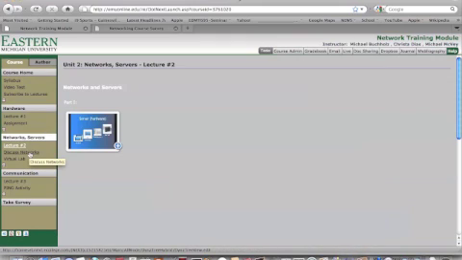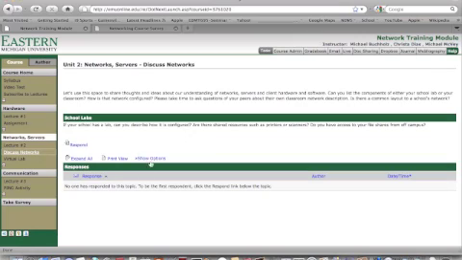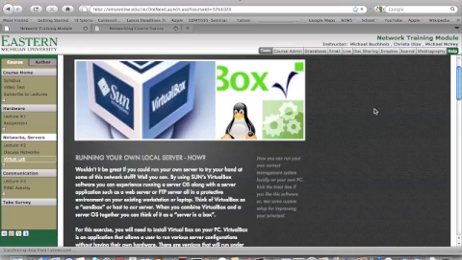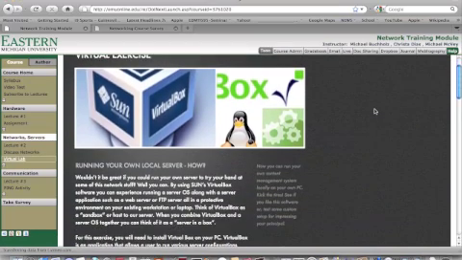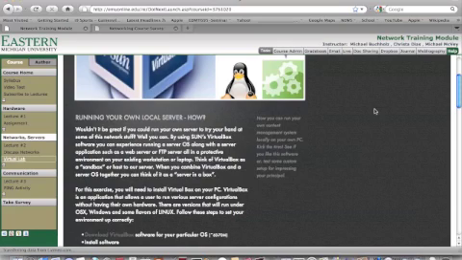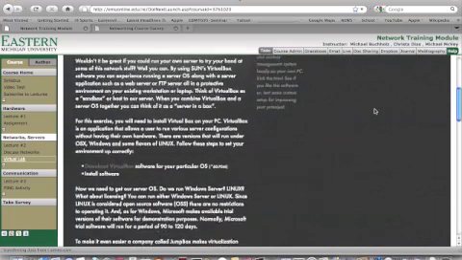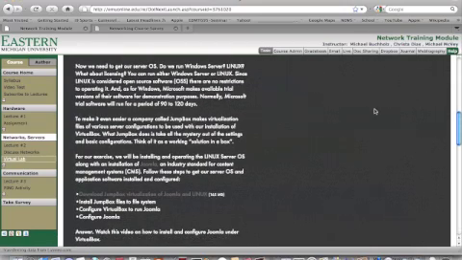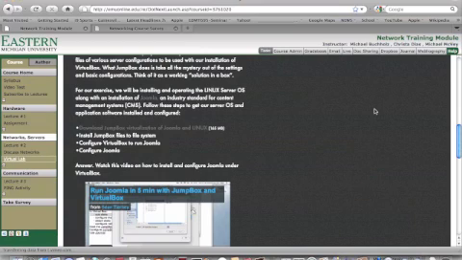In this unit we decided to show that a threaded discussion could be inserted. This is standard in all of the eCollege courses. And then the virtual lab is the extra credit assignment. This was an interesting opportunity because we get a chance to talk about a more advanced topic, virtualization. By using software from Sun called VirtualBox, we can have the student download and install a server operating system on their local host PC, Macintosh, or Linux workstation.